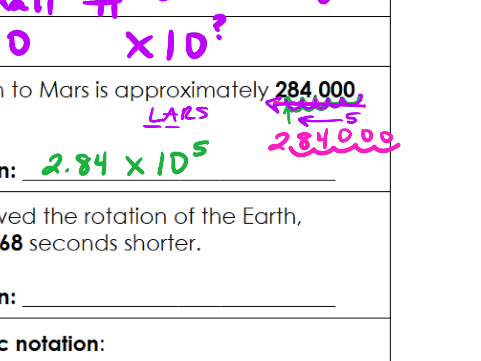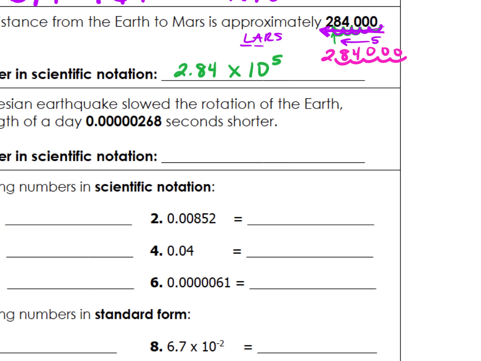If you think of everything as starting at 10 to the 0, because 10 to the 0 is what? 1, right? So we're not changing the value. If we multiply something by 10 to the 0 power, we're multiplying it by 1. So as we go to the left, as our number gets smaller, our exponent gets bigger, if that makes sense, okay? So then look at this one.